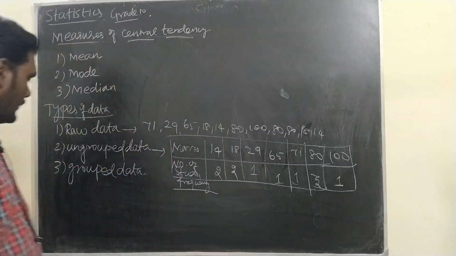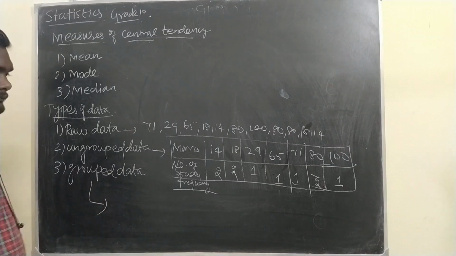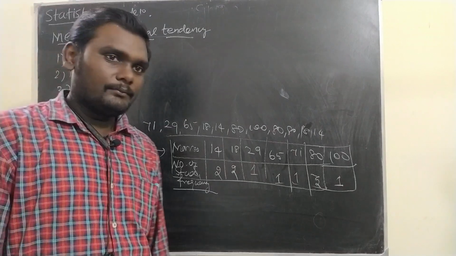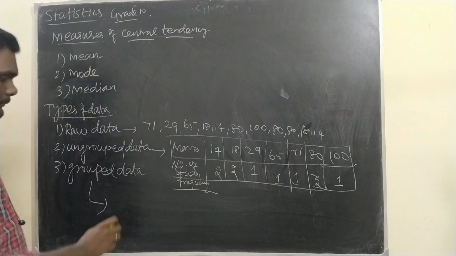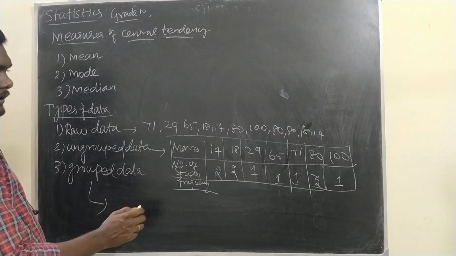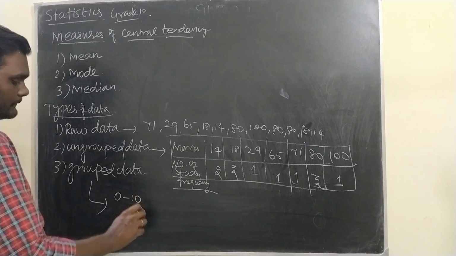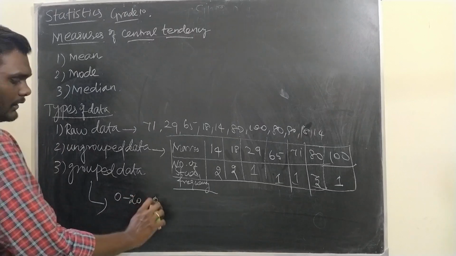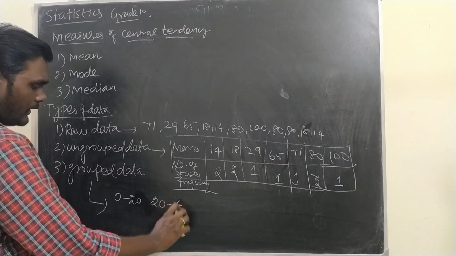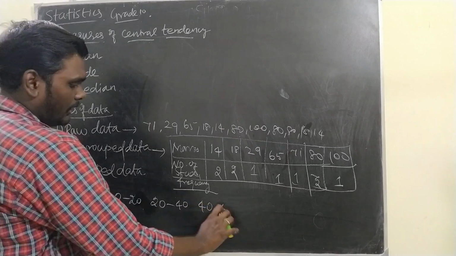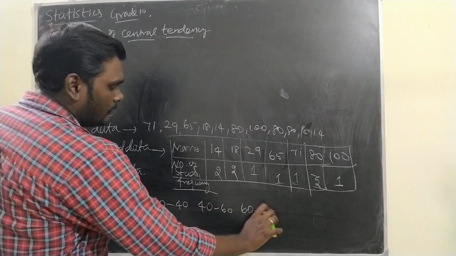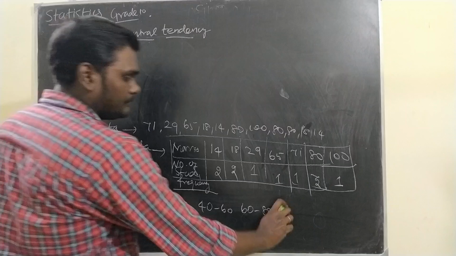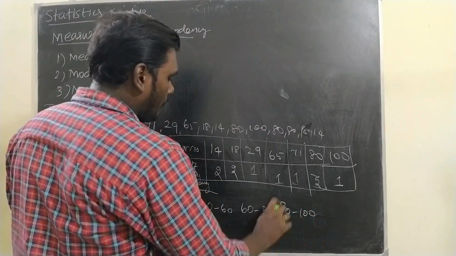Next, what does grouped data mean? We need to group these numbers. How can we group? From 0 to 20, 20 to 40, 40 to 60, 60 to 80, 80 to 100.